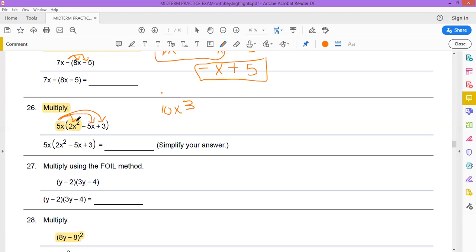When we multiply, we add the powers. Minus 5x times negative 5x. That's negative 25x to the second power. We have the 1 outside, the 1 inside. We add them together. And then 5x plus 3. That gives us a positive 15x.